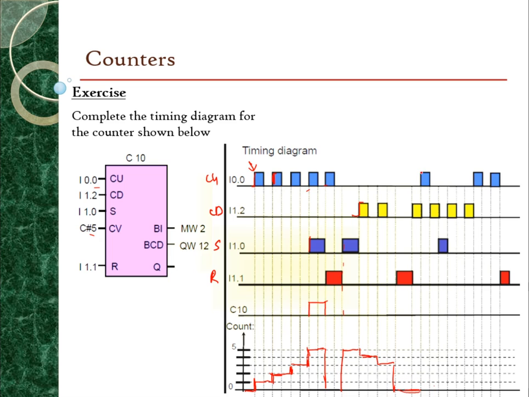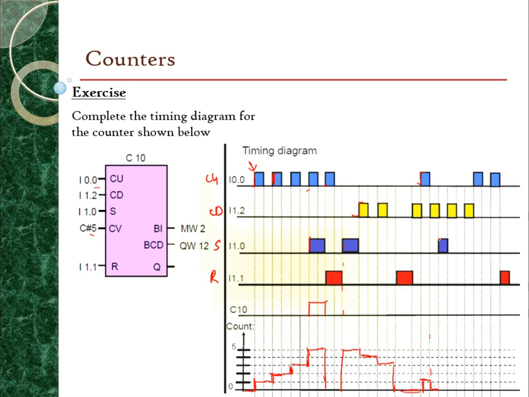And now here, it finds the next rising edge of the counter up, so it will increment by 1 here. And then at this point, it receives the counting down, and it will go back to 0, and then remain 0.